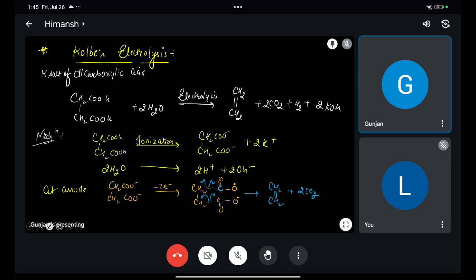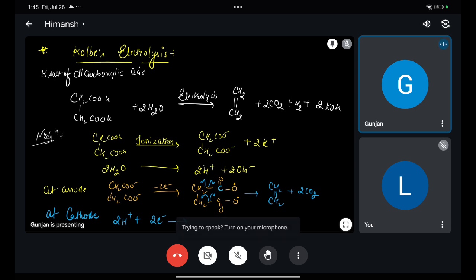Himansh, is it clear? The radicals will form CH2 double bond CH2. At the cathode, H positive accepts 2 electrons and converts to H2 gas, hydrogen gas. Okay?